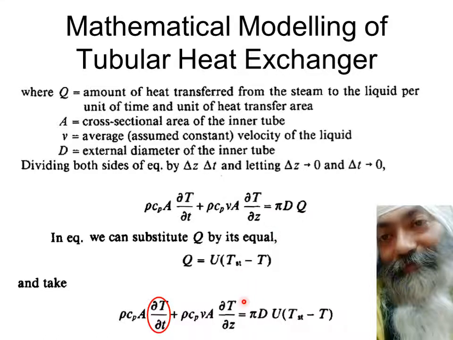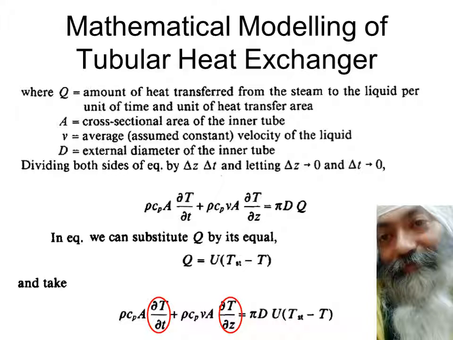What we see is that the equation we get over here is the final equation, which gives us not only the rate of change of temperature with respect to time, as we normally used to do. So far we were considering only this term, but along with it we now have another term, which is the rate of change of temperature with respect to length.